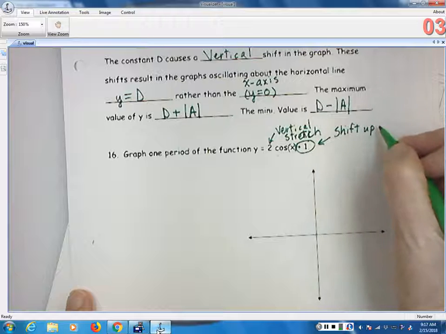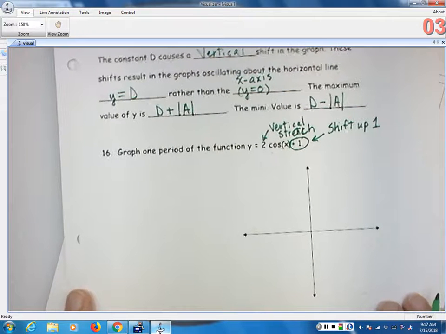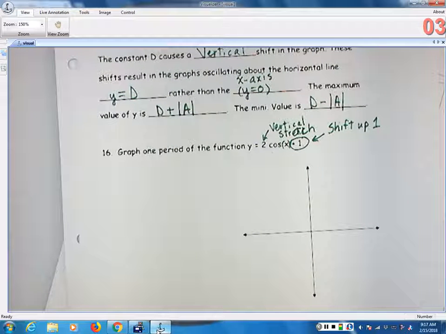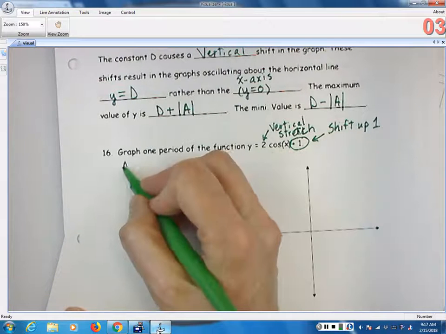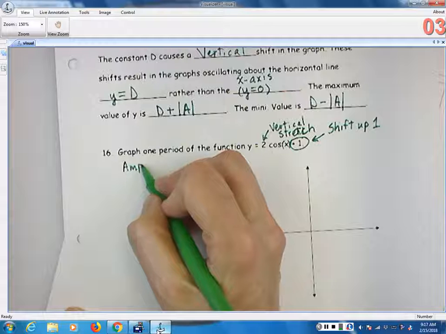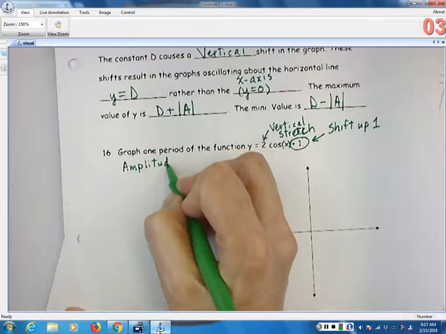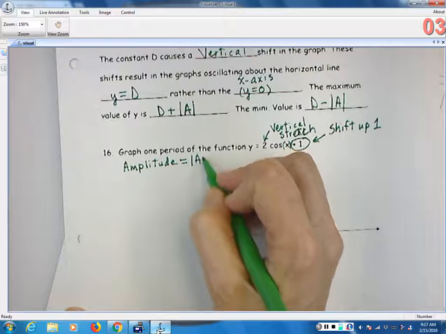In this example, we have to identify the amplitude. The amplitude is the absolute value of A, which is 2.